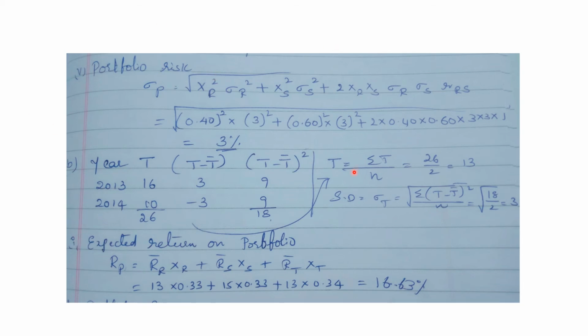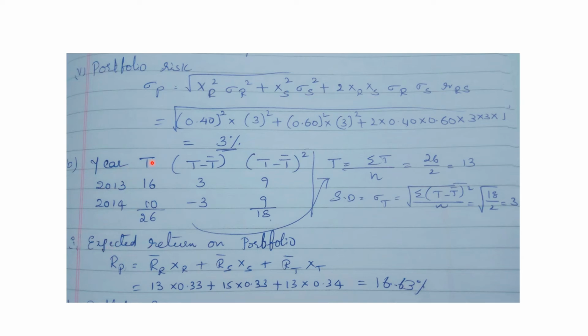You have to consider the security T along with the stocks R and S, and its return over the last 2 years, 2013 and 2014, where the values given are 16% and 10%. So you have to find out the expected return as well as the risk of the portfolio, taking equal proportions.